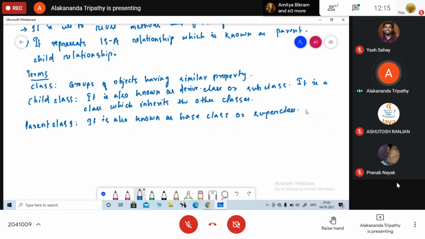Okay, so from the superclass, subclasses are being inherited.